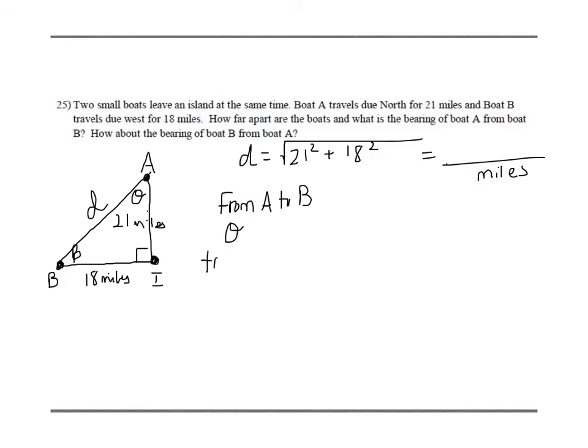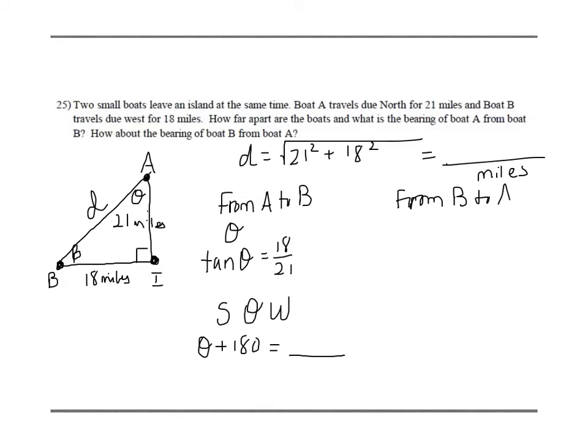And to find theta, the tangent of theta is 18 over 21, right? And that gives me theta. So that would be whatever theta is, south and west. Another way I could do that is take theta plus 180, and that would give me the same bearing just from the north.